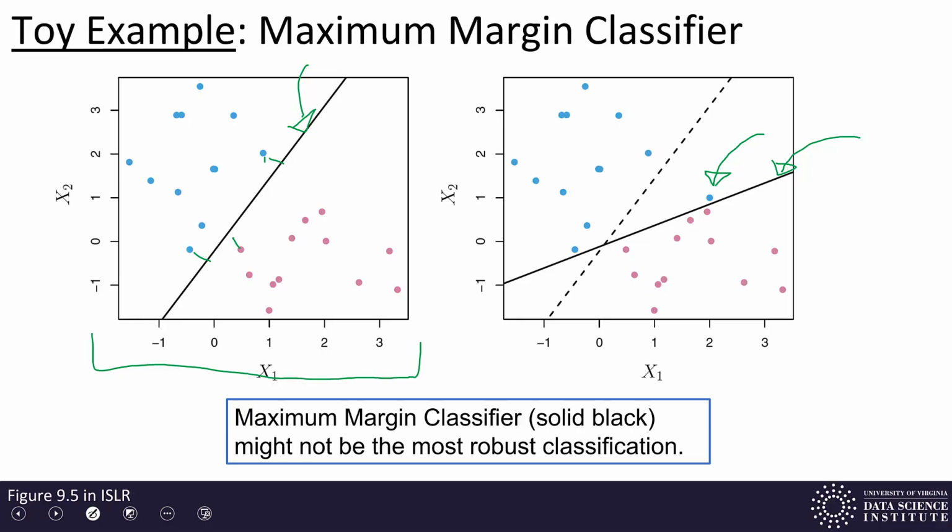It gives perfect separation, but this new data point has forced it to lie right against the red data points and also right against this blue. So now our margin is much smaller, and it's probably not the most robust classification, whereas the maximum margin classifier without that new data point is shown as a dotted line.